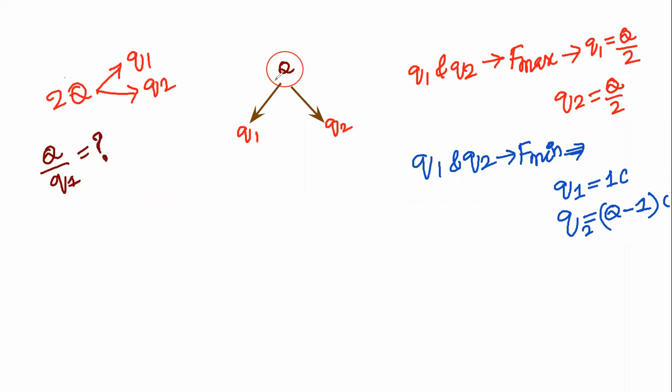It was asked in the previous CET. We know that for maximum force, q1 is equal to q2 is equal to Q divided by 2, the general rule.